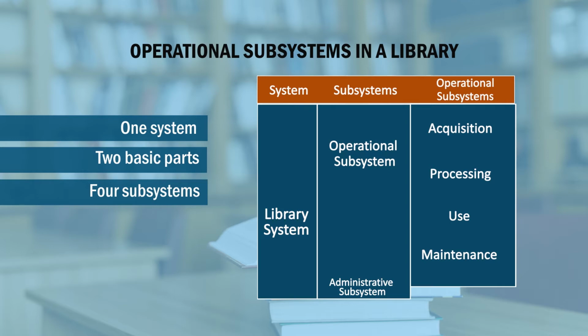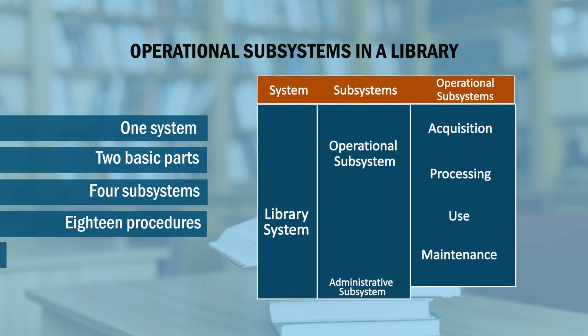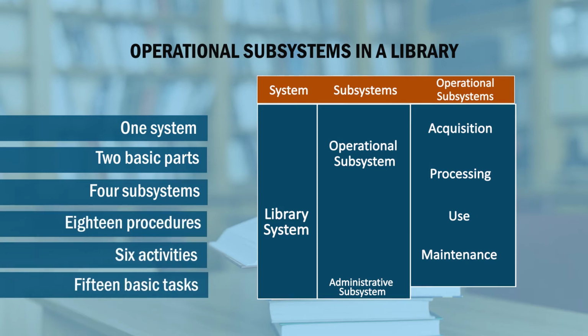What are these subsystems? One is acquisition, second is technical processing, third is use. Use means different kinds of services we provide to satisfy our end users, and fourth is maintenance. So these four basic subsystems are part of the operational subsystem of every library, and each of these subsystems is again supported by 18 procedures, 6 activities, and 15 basic tasks.